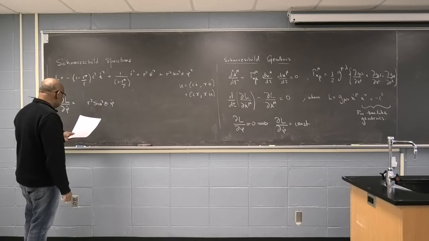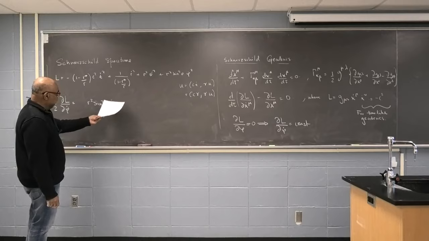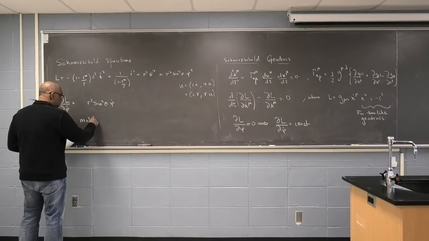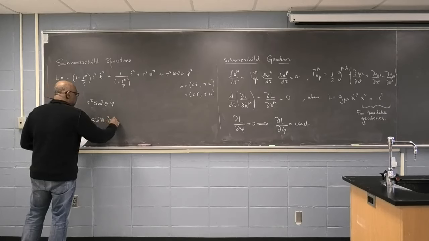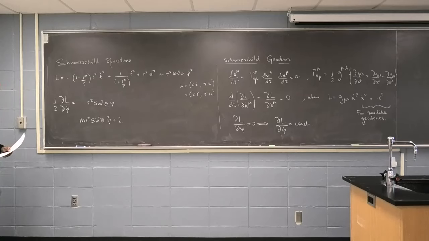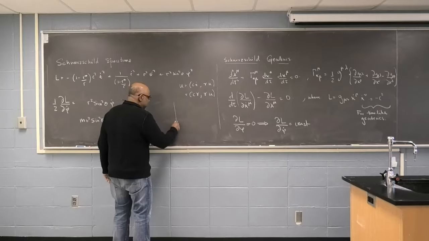Something is conserved, but I'm not going to call this a new symbol. Instead, I'm going to call this m r squared sine squared theta phi dot, I'm going to call it L. L is for angular momentum, so you can see why.